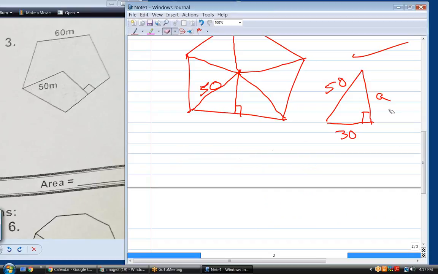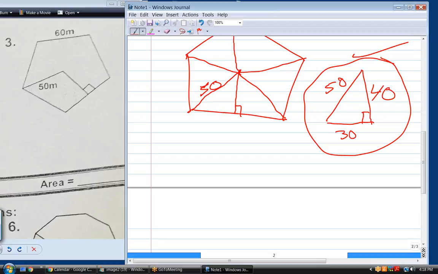So, if we know the apothem is 40, now, obviously, the easier way to do this problem was to recognize that we're looking at a 3, 4, 5 right triangle. So we don't really need to go through the Pythagorean theorem to solve this. You want to recognize 3, 4, 5 triangles.